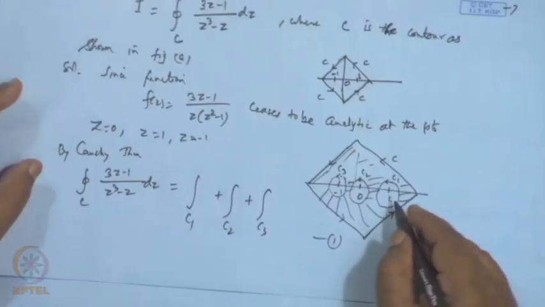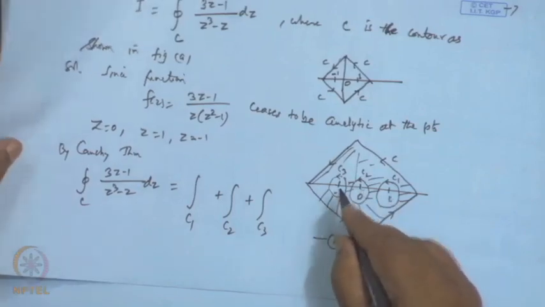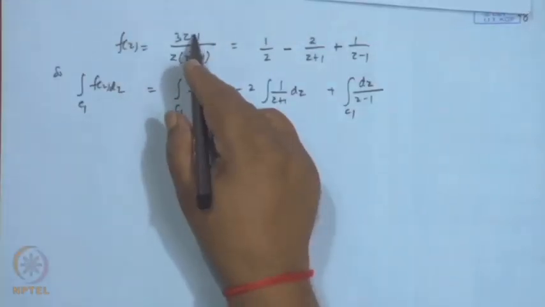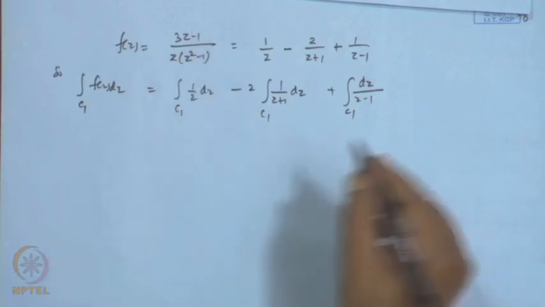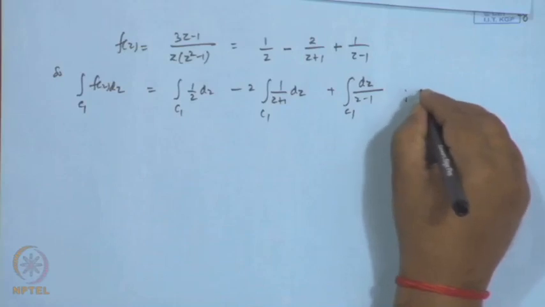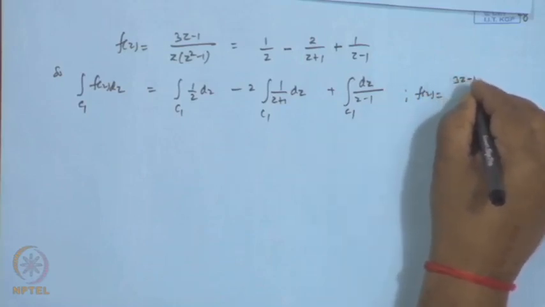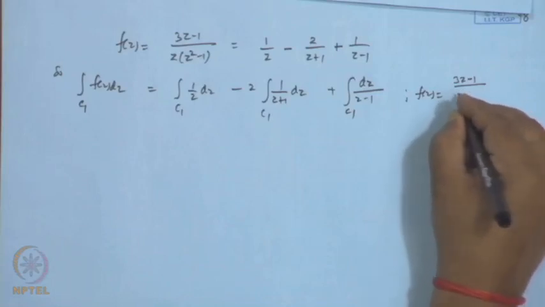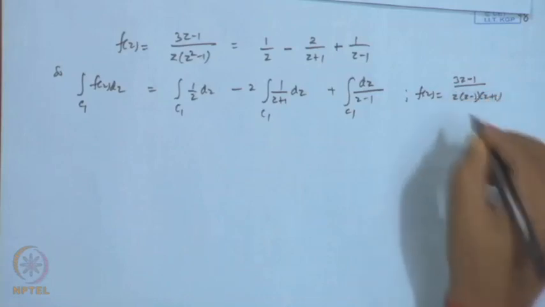But what is C1? C1 is this curve which encloses the point z equal to 1, and 0 and minus 1 are outside. So, the function f(z) can be written as (3z minus 1) over z(z minus 1)(z plus 1).